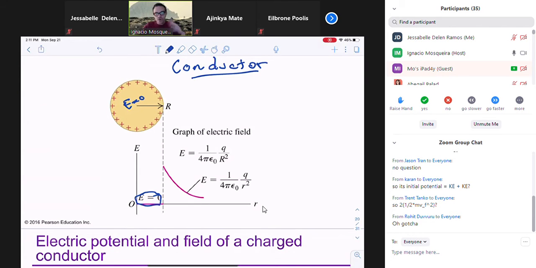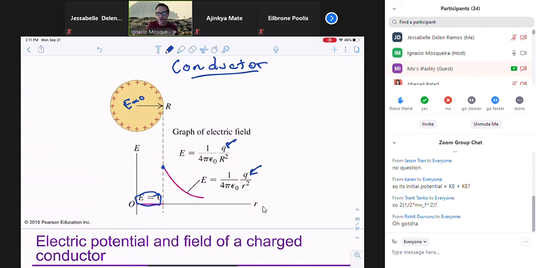Now, right outside the conductor, I also told you how to calculate that. You use Gauss's law. When you're outside, if you make a Gaussian volume, you're enclosing all the charge. So outside the conductor, it goes like that. And right at this point, it jumps from zero because there is a layer of charges.